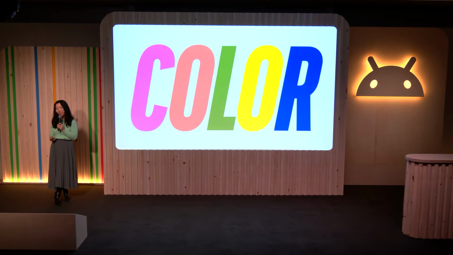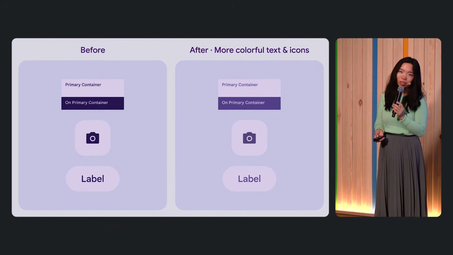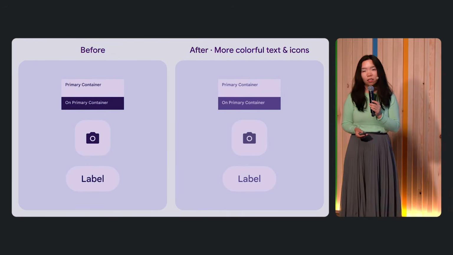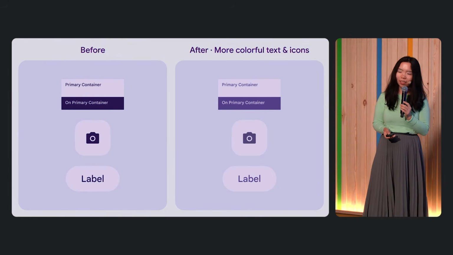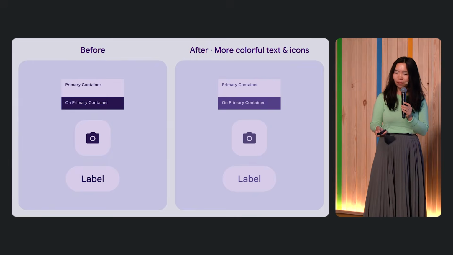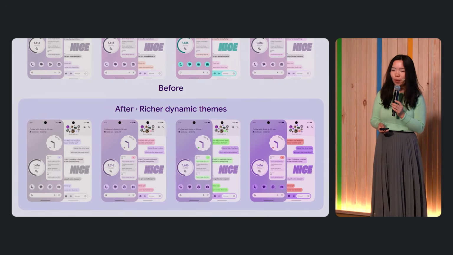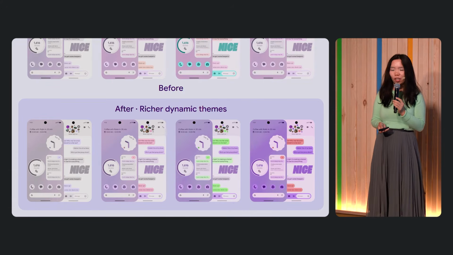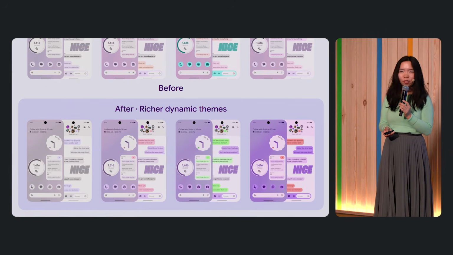On the color front, Material 3 Expressive brings a host of updates that enrich colors throughout your app. To start, the text and icons are brightened to better express the colors like brand and dynamic colors. And those themes get richer and more diverse because we've updated dynamic color to unlock more variations and higher chroma across all hues.